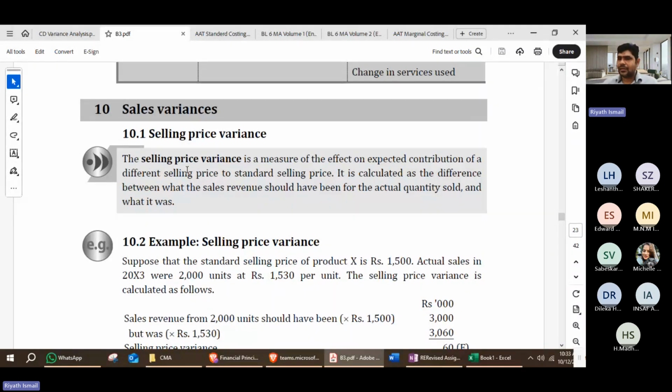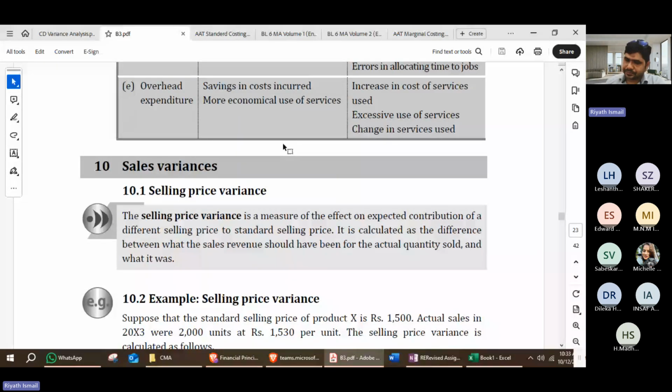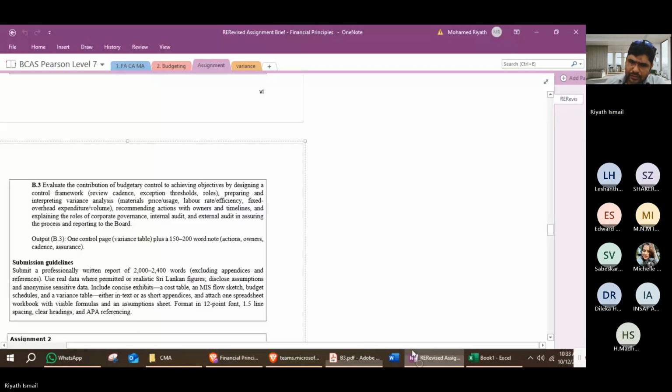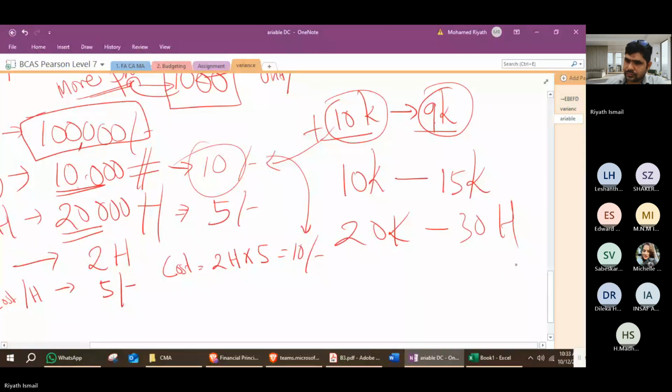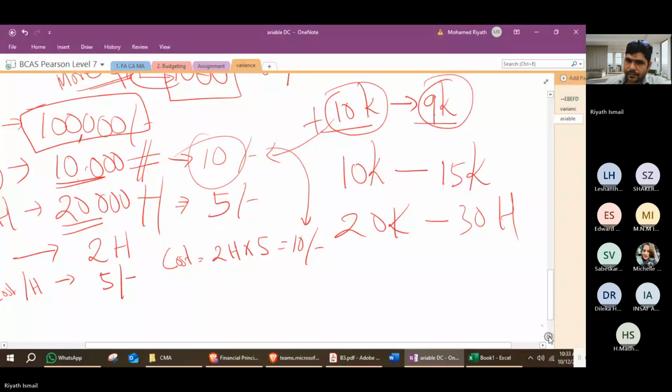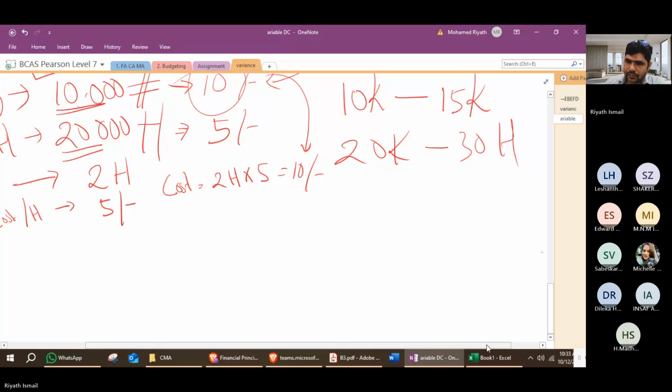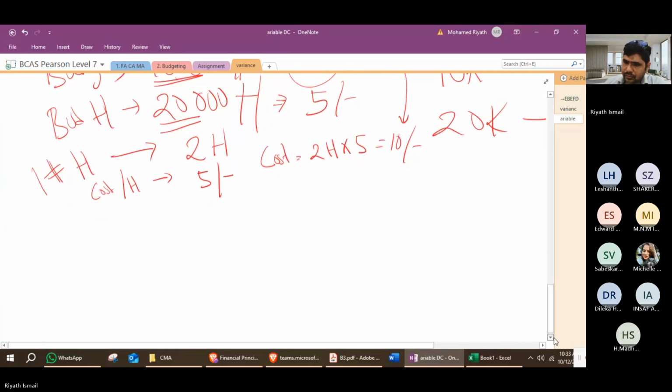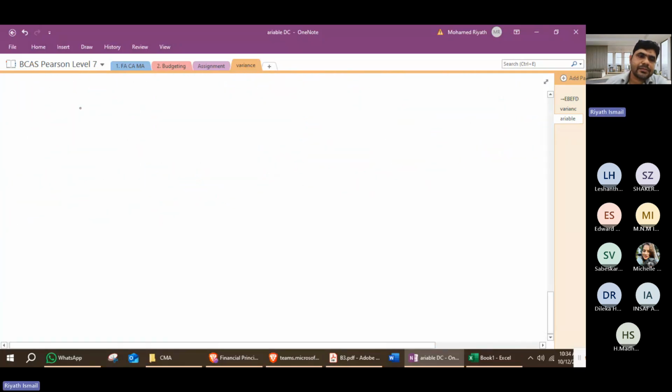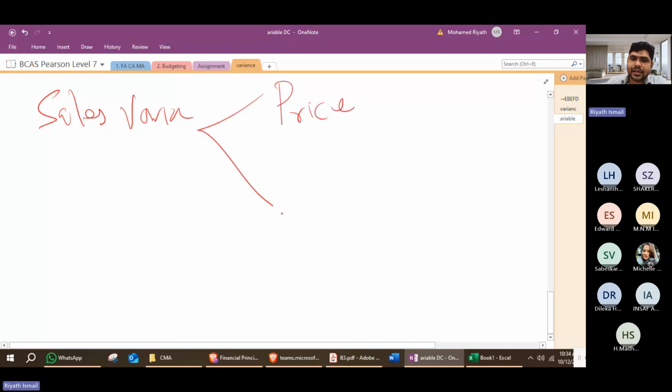Sales variance can arise in two ways: differences in selling price, and differences in sales quantity.